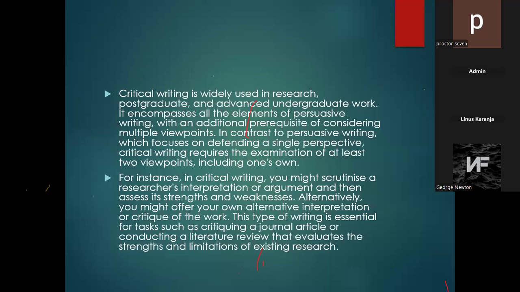Then critical writing. Critical writing is widely used in research, in postgraduate and even undergraduate work. One thing here is a bit different: you scrutinize a researcher's interpretation or argument and then assess its strengths and weaknesses.